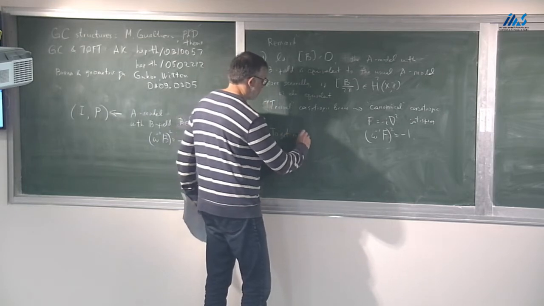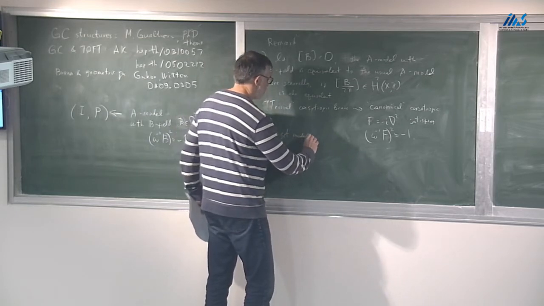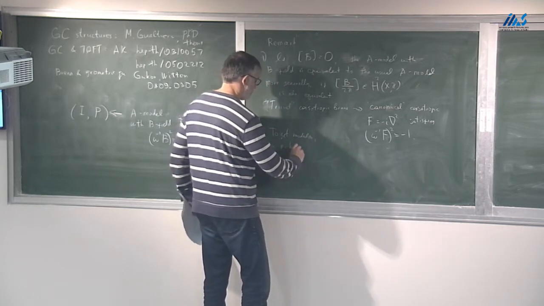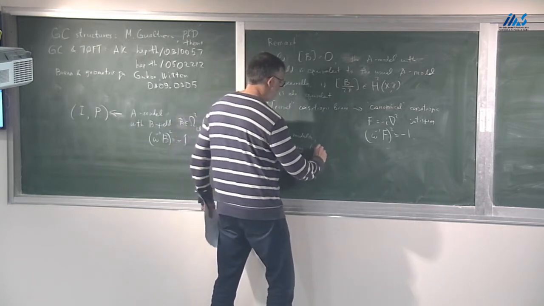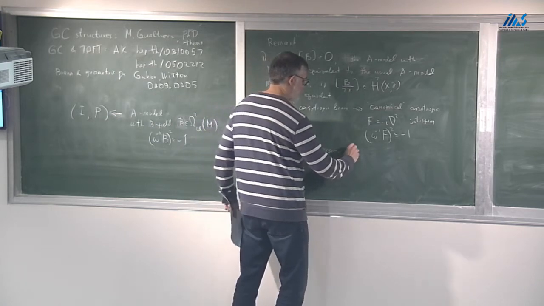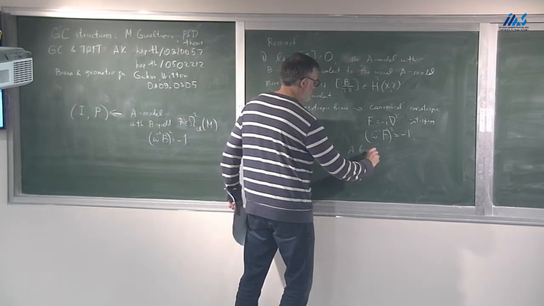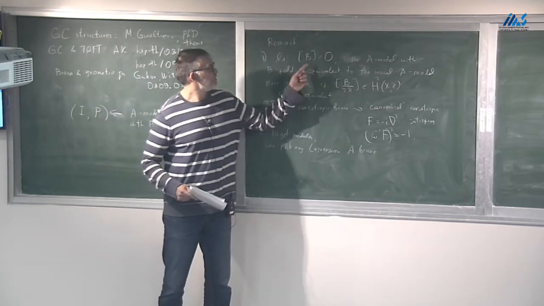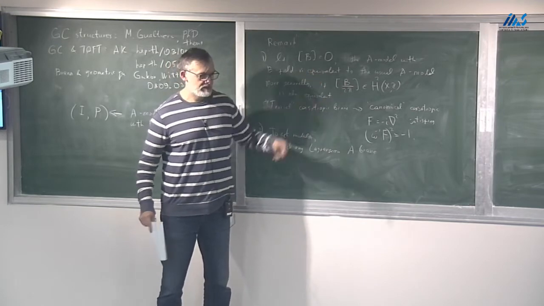So to get modules, you can pick any Lagrangian A-brane, and it's easier to do in this language in the case when B satisfies this condition.